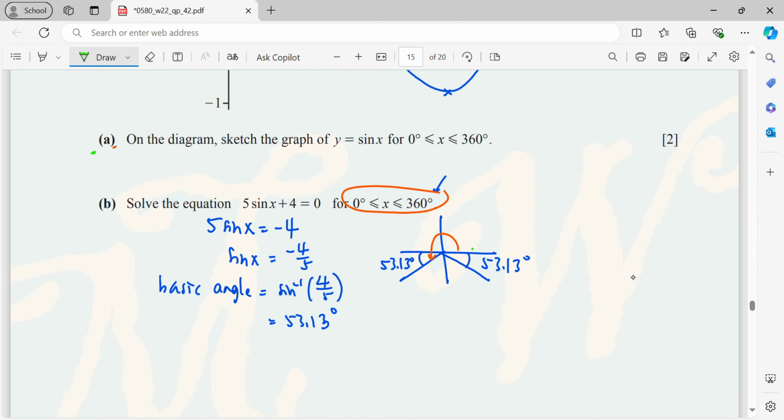And then another one will be the green color. So now I will write x equals the orange angle, which is basically 180 degrees plus 53.13 degrees. Then the green angle is 360 minus 53.13.